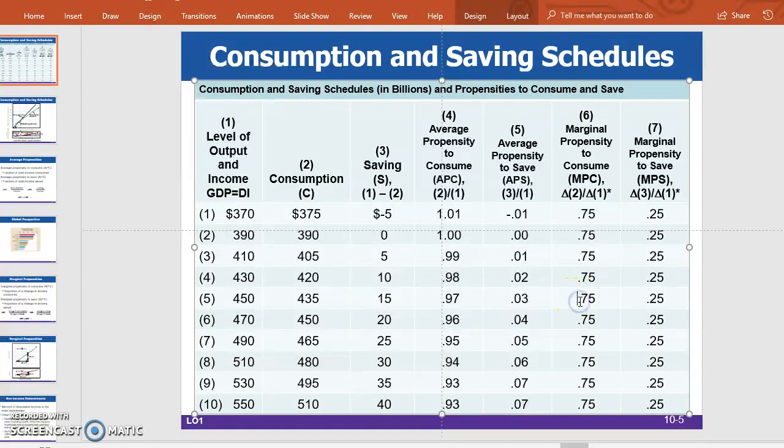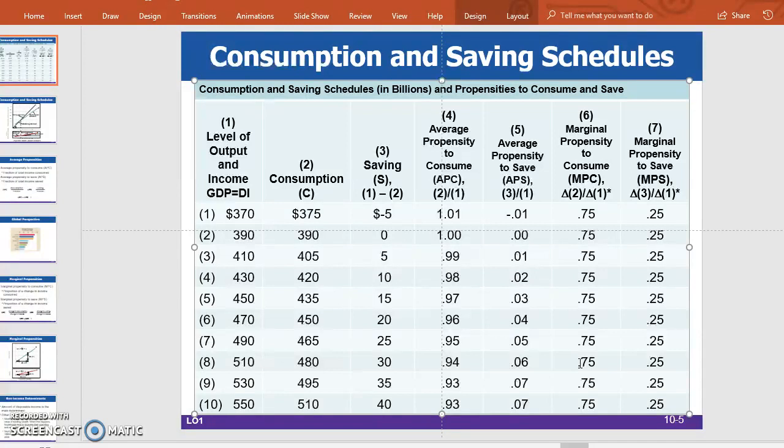And for consumption, MPC, marginal propensity to consume, it is 0.75, right? So for all the rows. Now what does that mean? MPC is 0.75 means that if income increases by $1, consumption will increase by $0.75.